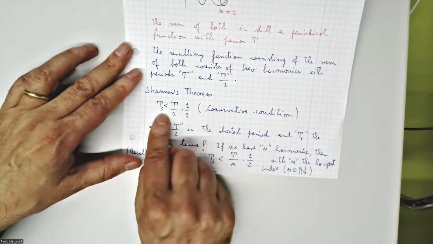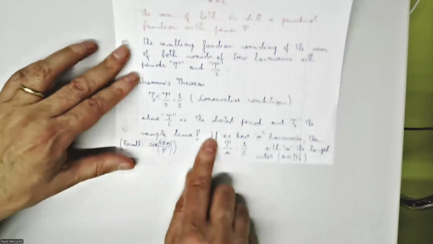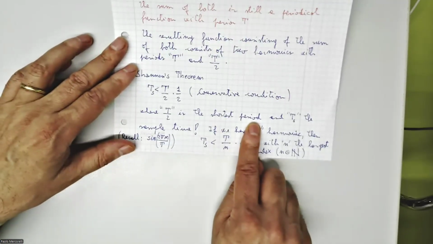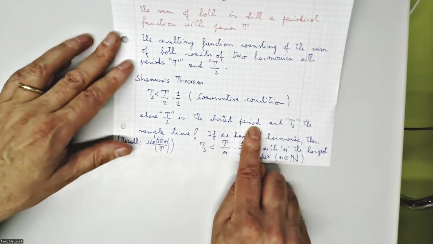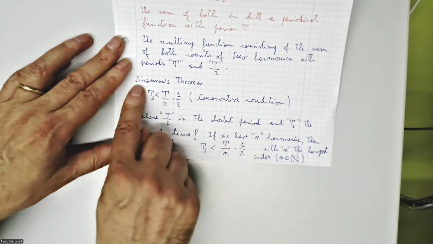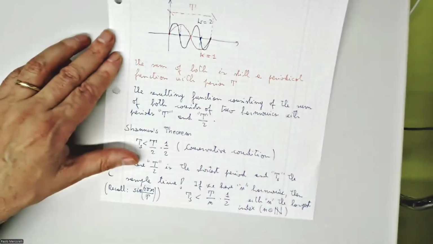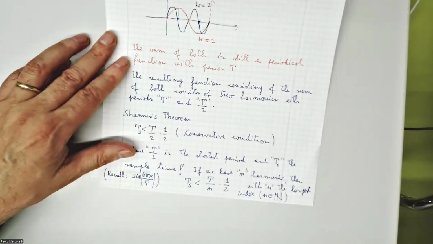If this is not guaranteed, in this case conservative because I consider the blue line the shortest period, it could happen that the representation presents some defects or some real mistakes. This is an important theorem which can be considered when we are working with trigonometric functions. Let me stop here.